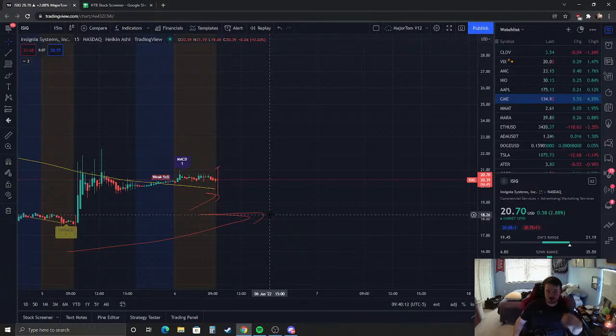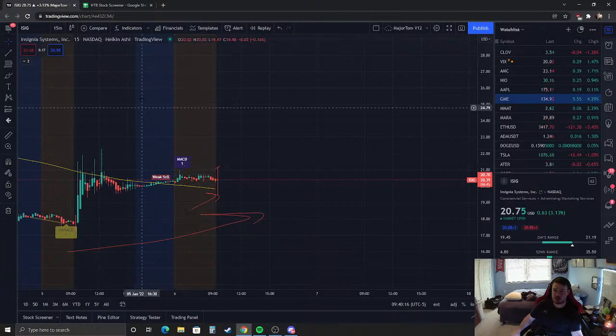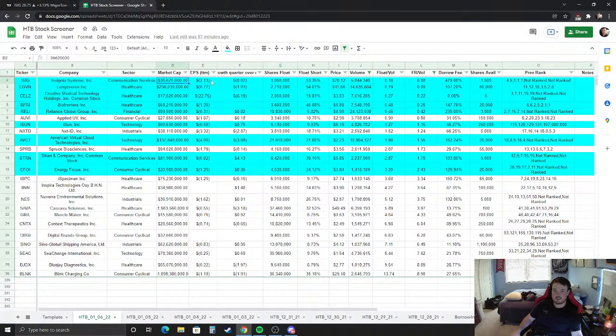And I'm just chilling in iSig because the numbers don't lie. You know what I mean? Like look at this. These are numbers that back in January, when people saw this for GameStop, would jump at the chance to trade something like this. And I just showed you that there's obvious evidence that this stock is being naked short sold. It's not even close.